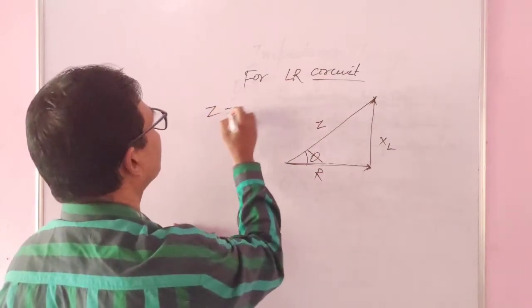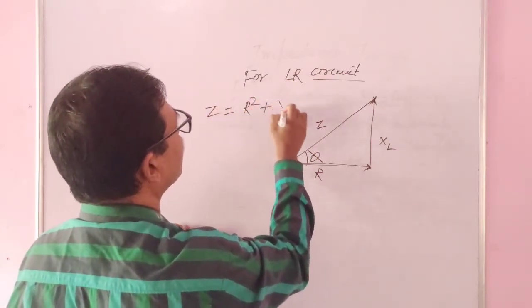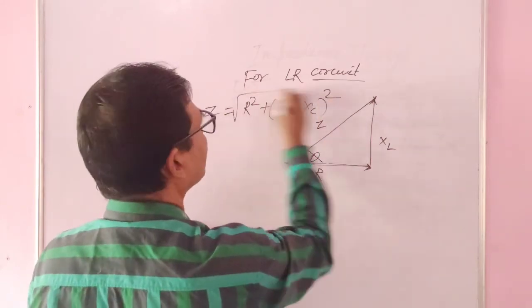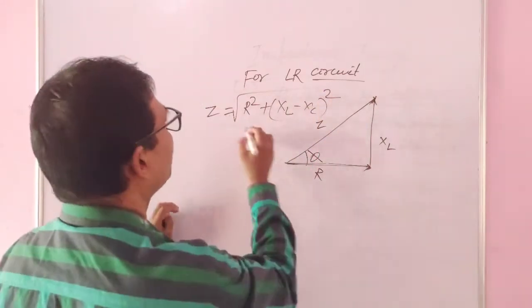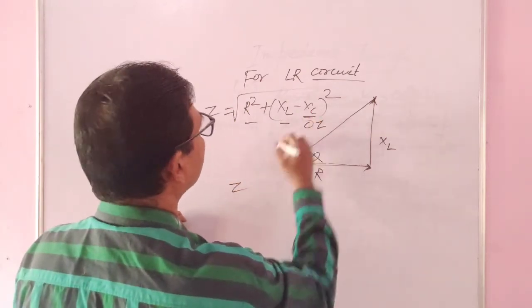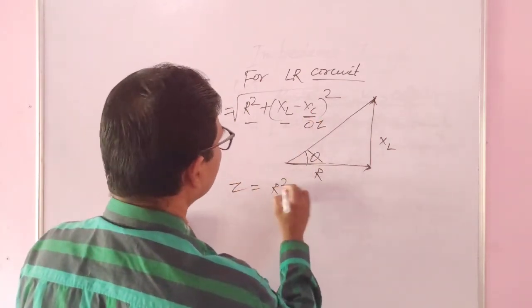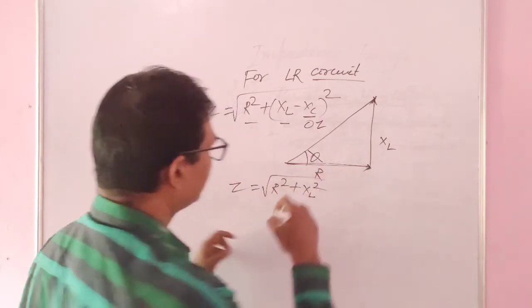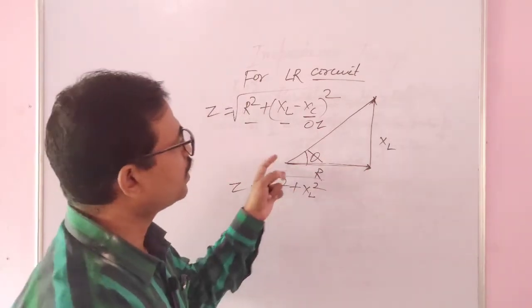That means what you are considering, the square root of R square plus (XL minus XC) whole square, is the impedance. But for an R and L circuit, XC becomes 0. So Z is equal to the square root of R square plus XL whole square. This is the impedance for this triangle.